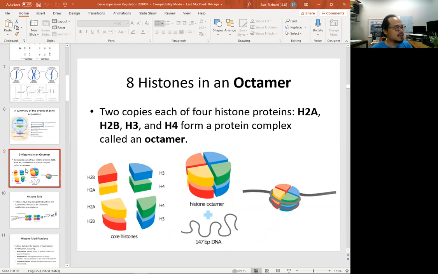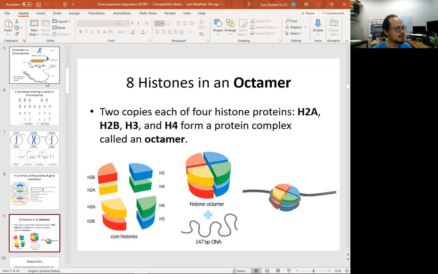Before we talk about histone modification, let's get a closer look at the histone. We have 8 histones, as I showed you earlier, together forming a protein complex. This complex is called the octamer. Octa basically means 8, right?